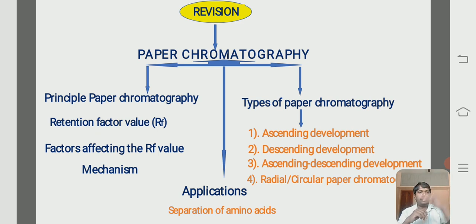We also discussed factors affecting the RF value, mechanism of paper chromatography, and types of paper chromatography. We have seen 4 types: ascending development, descending development, ascending descending development, and radial paper chromatography. And we have also discussed applications of paper chromatography, including the separation of amino acids.